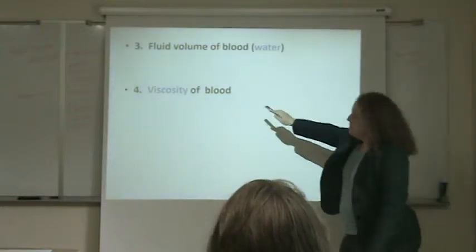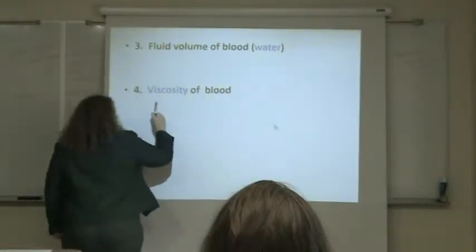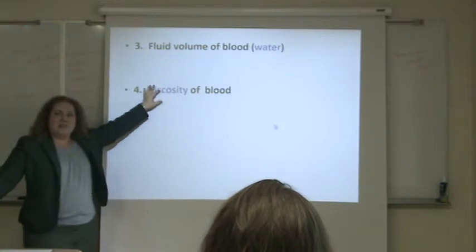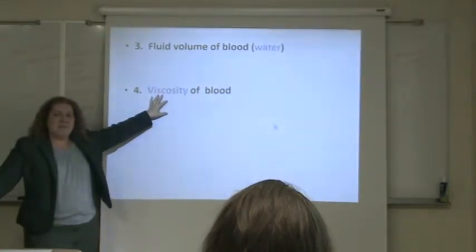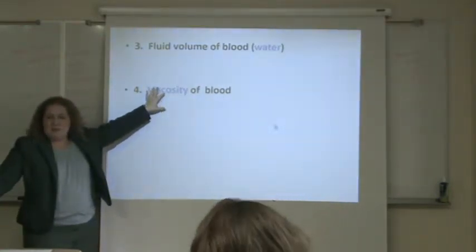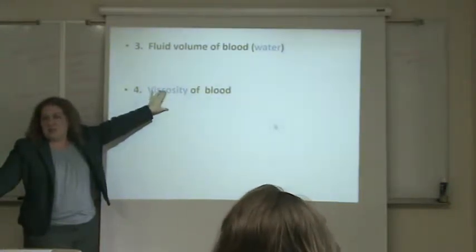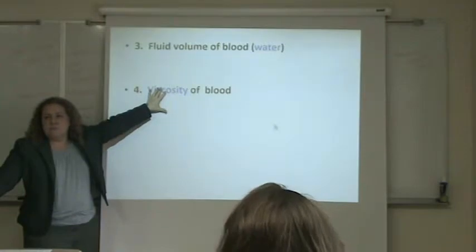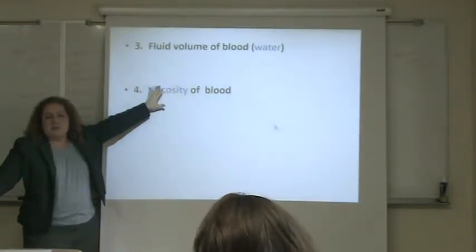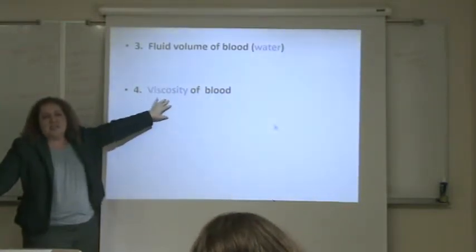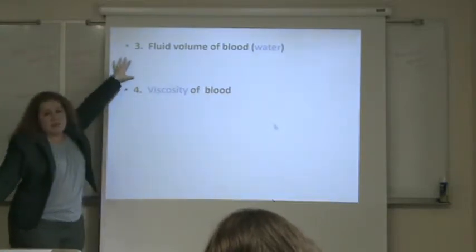The fourth one doesn't come up that often. Our blood viscosity doesn't change that much, really, unless you are EPO doping and you've got more red cells than your average person, then this becomes a problem. But in your average person, the viscosity doesn't change much. The volume can change.